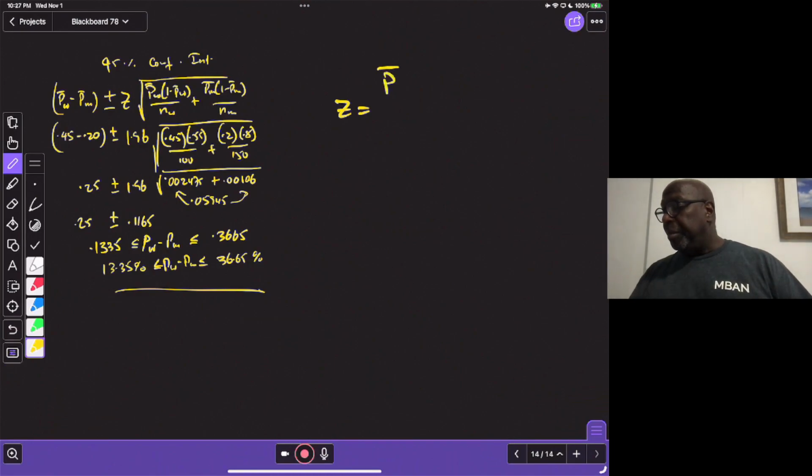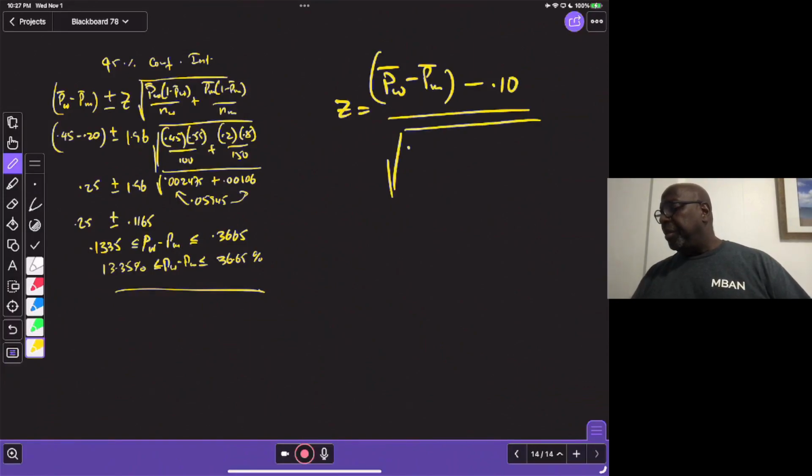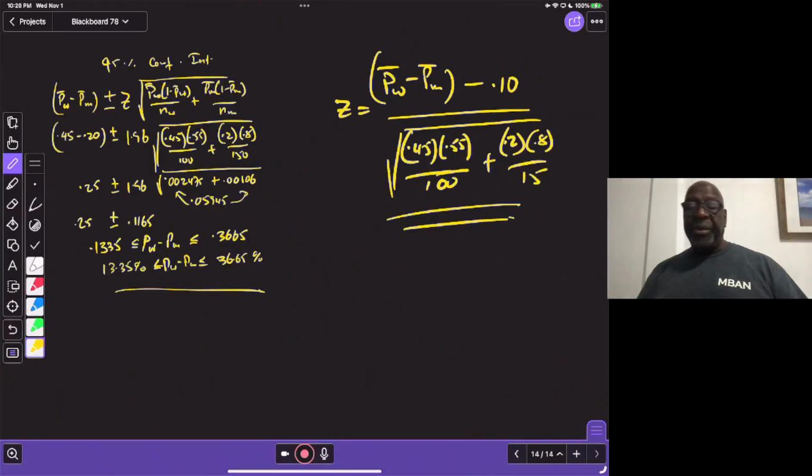So you say P bar W minus P bar men minus 10%, right? And then you would use the individual values, 0.45 times 0.55 over 100 plus 0.2 times 0.8 over 150. And that's what would give you a test statistic, and then you could go further than that.